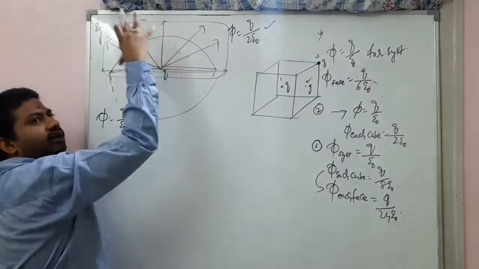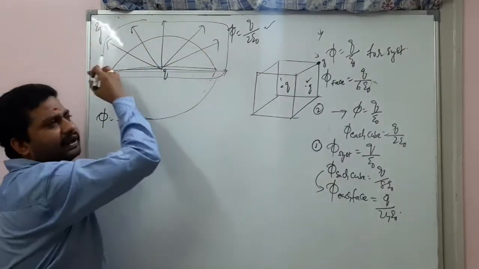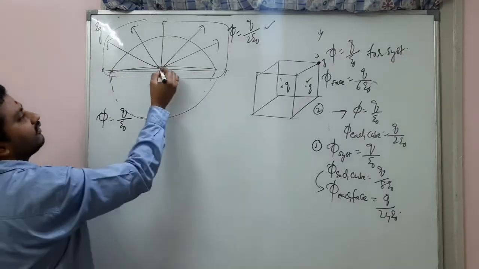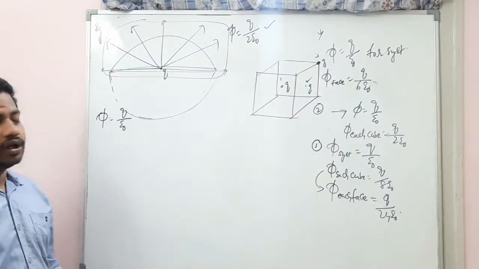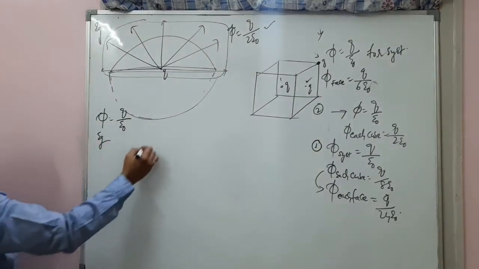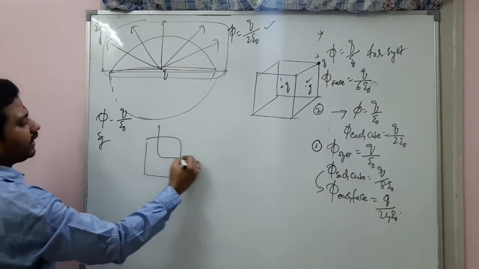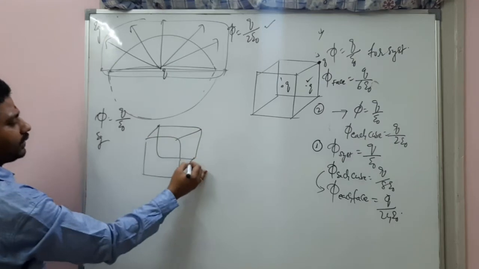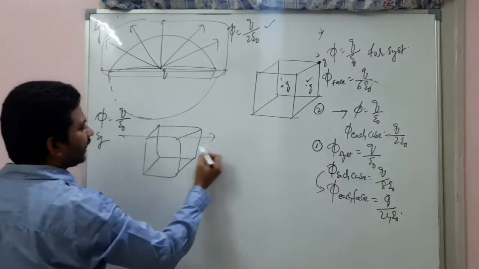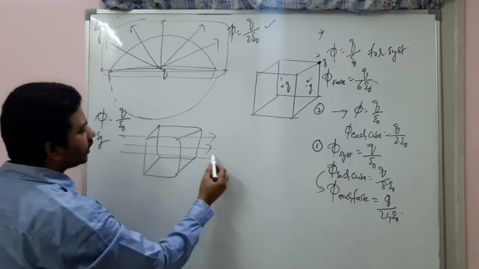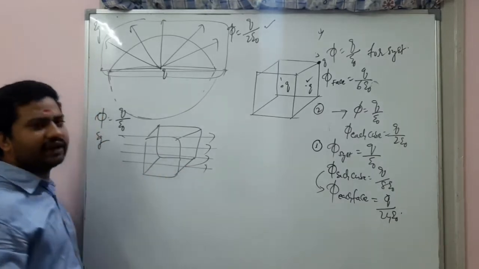The flux linked with this hemispherical body is Q by 2 epsilon naught when the charge is present here. For example, we already discussed in the last class, there is a cube here and the charge is not kept inside. The electric field lines pass through it. This is the homework I have given.